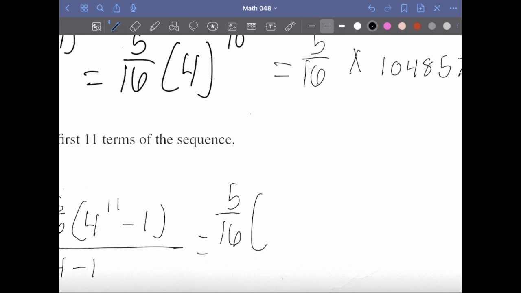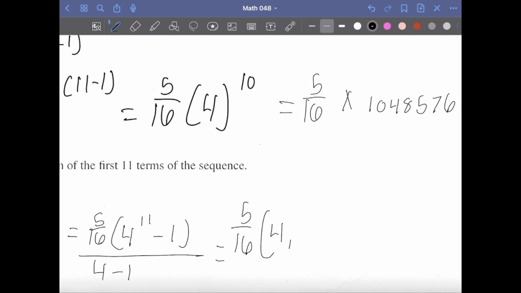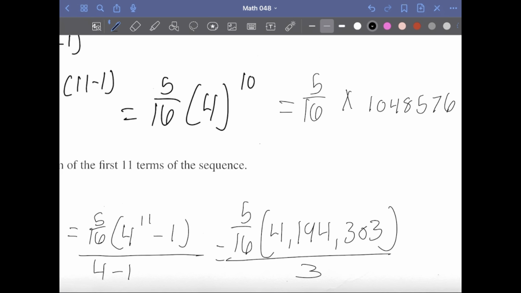Subtract 1, that's 4,194,303. So that's 4,194,303 divided by 3.